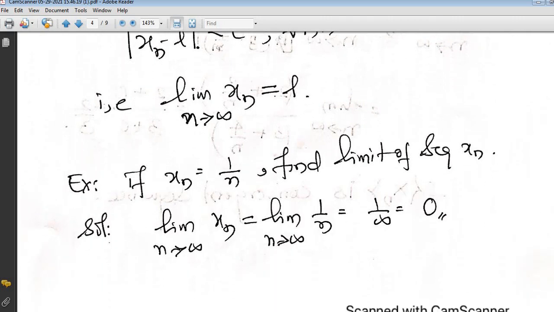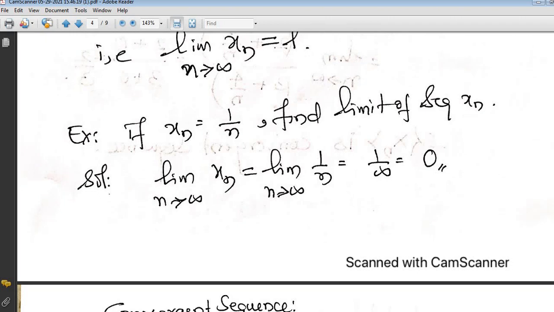If xn equals 1 by n, find the limit of the sequence. See here, limit as n tends to infinity of xn. What is xn? xn is 1 by n. What do I have to substitute for n? Infinity. So that value equals 0. 0 is a finite value, therefore it is the limit of the given sequence 1 by n.